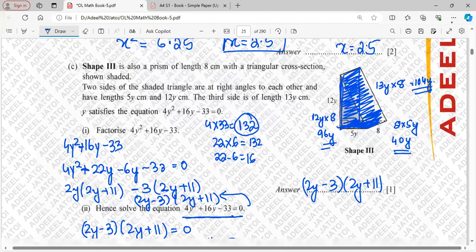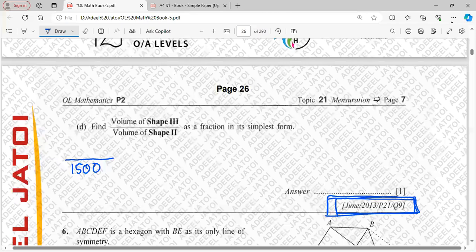So half multiplied by 5y multiplied by 12y is the area of the triangle, multiplied by 8. So 30y multiplied by 8 is 240y.